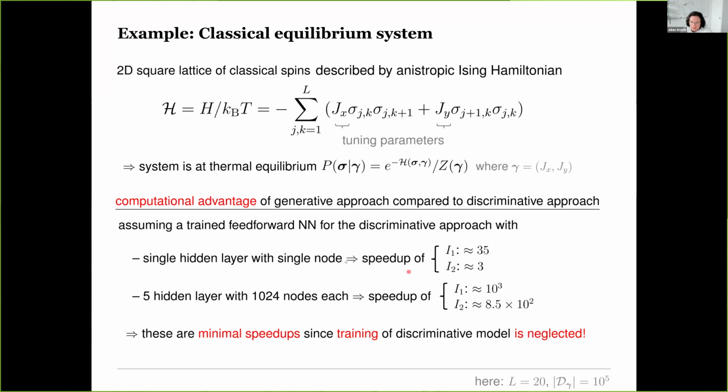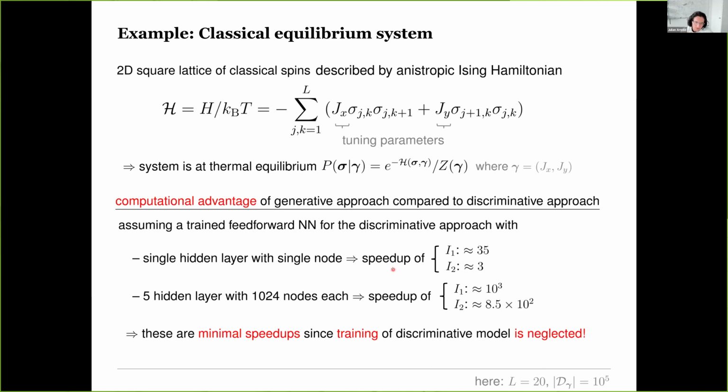And in that case, one can do some calculations and find out that the speed up in the indicator computation of I1 or I2 of the generative approach compared to the discriminative approach is on the order of 35 or 3. But of course, this is a very small neural network and will just lead to approximations of I1 and I2 of very poor quality.